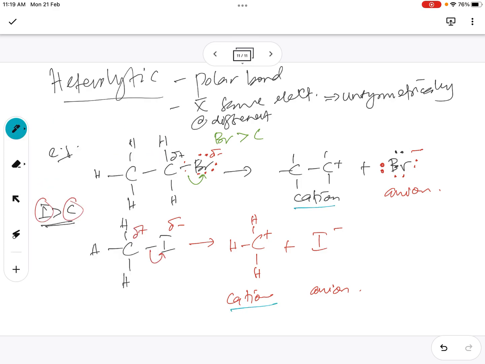Cation, anion ini sebab dia melibatkan carbon, tambah perkataan kat depan. Carbocation. Okay, so nama special dia adalah carbocation. So, in heterolytic cleavage, kita produce carbocation.